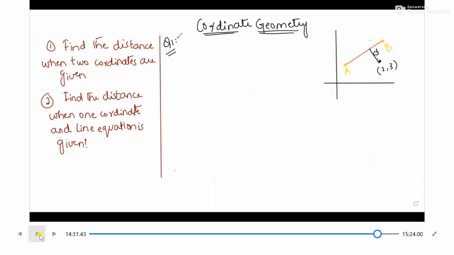The questions are: the two coordinates which are given are (-2, 1) and (-3, -2), and you have to find the distance.